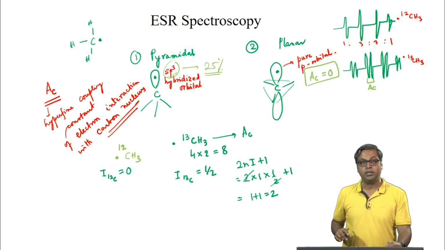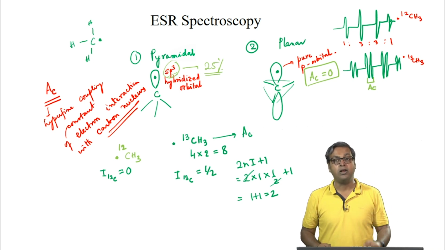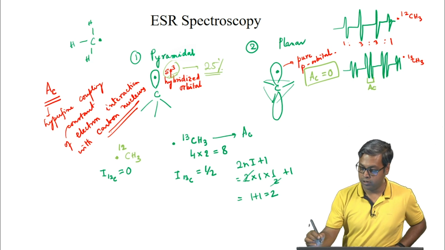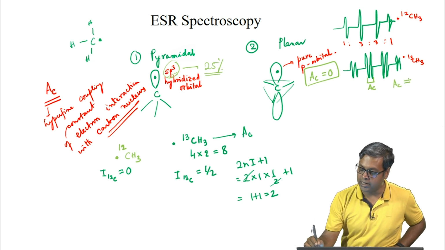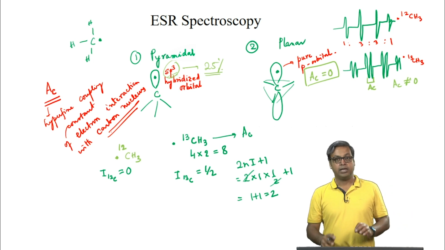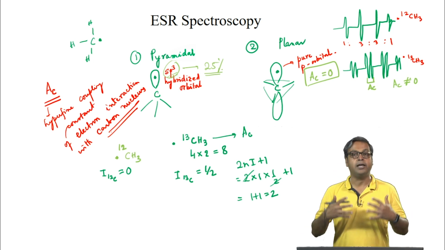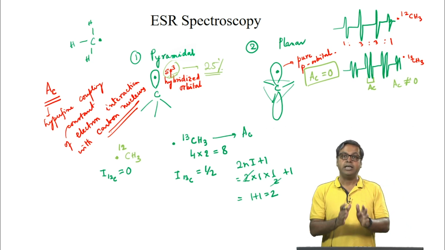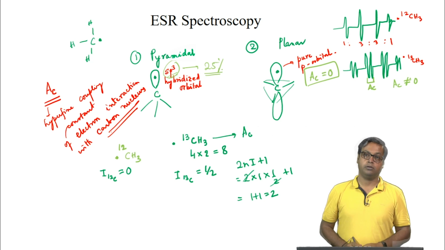Experimentally, it can be seen that the value of A C is very, very small, although A C is not exactly equal to 0. This means that within the experimental error bar, the hyperfine interaction is negligibly small.